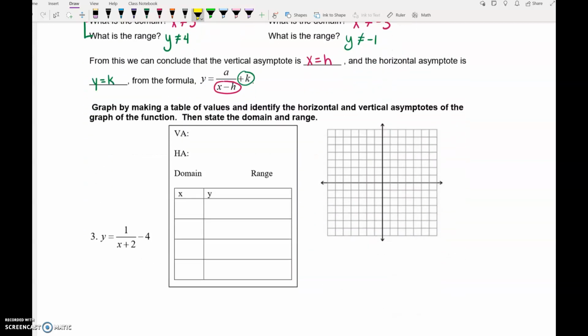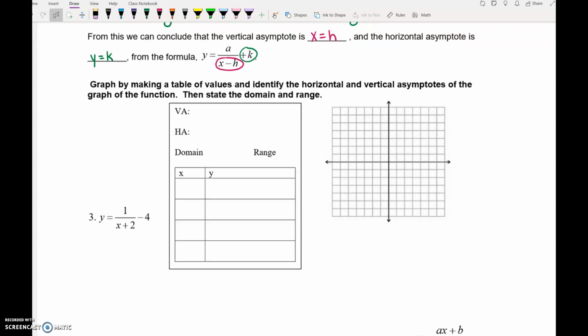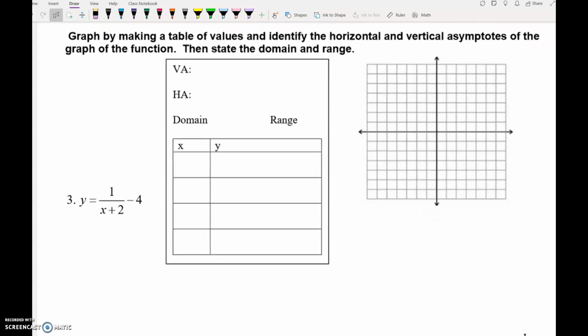Okay, back in the day, I made my students graph these by hand. We can use Desmos to help us, so I'll show you that. But the biggest part today is: what's the vertical asymptote, VA for vertical asymptote? What's the horizontal asymptote? What's the domain? And what's the range? So here's this graph.